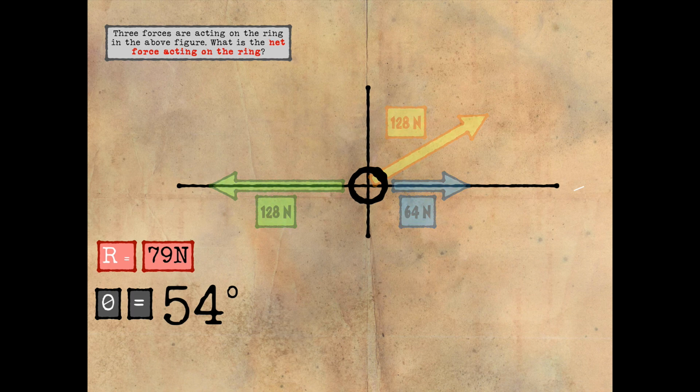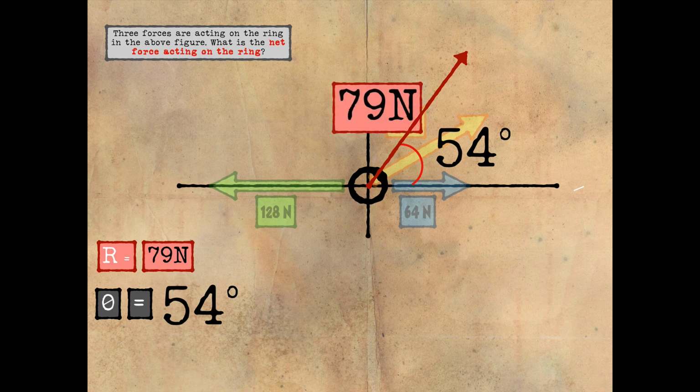Okay, so I'm going to blur out my graph, and I'm going to show you that the red arrow represents that resultant, that theta, 54 degrees. And this is actually to scale. This is 54 degrees with respect to the x-axis. And the yellow line behind there is also 30 degrees with respect to the x-axis. All right, so this is 54 degrees theta, and it's 79 newtons.